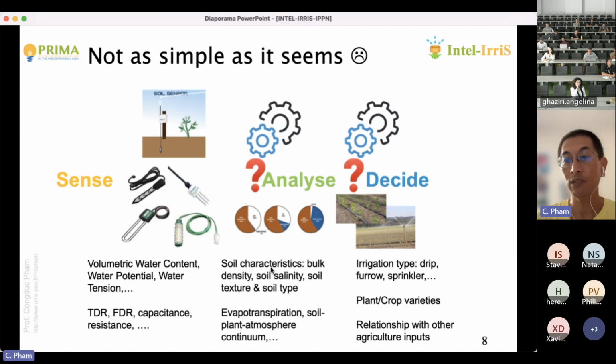But even if they do have drip or sprinklers or other more focused irrigation techniques, we still have to take that into account, because how the water gets into the soil depends on the irrigation type. And there's also a lot of relation with the plant, the crop variety, when the plant is at its development phase, and of course the relationship with our agriculture inputs.